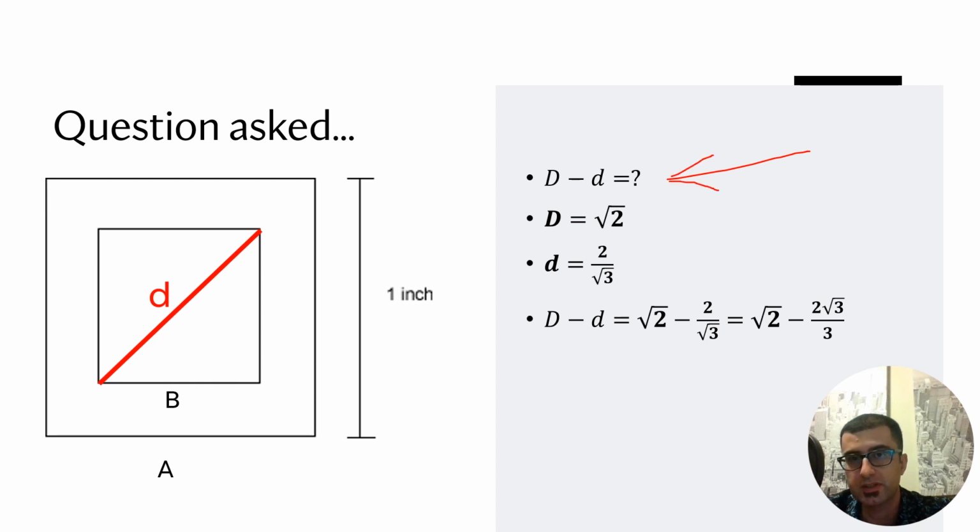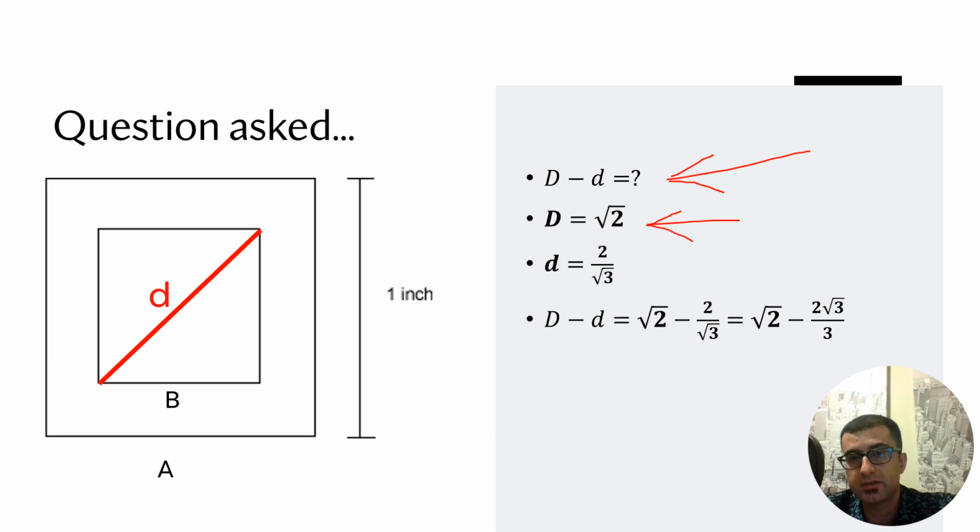This is the point that you should always bear in mind in the GRE exam, because the question itself in GRE is one challenge, but the way the question or answer is expressed or asked is another challenge. So you should always be careful. So the question is asking for capital D minus small d.